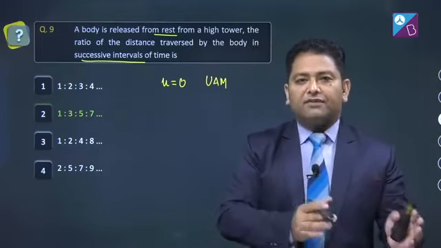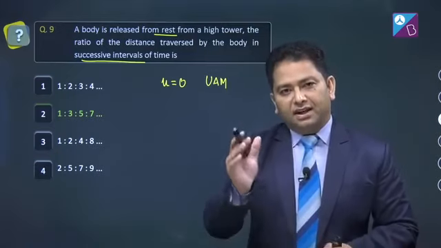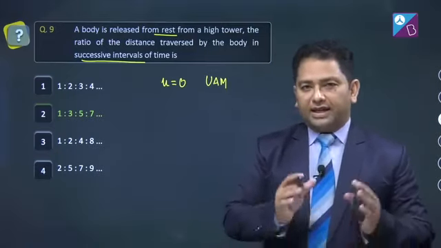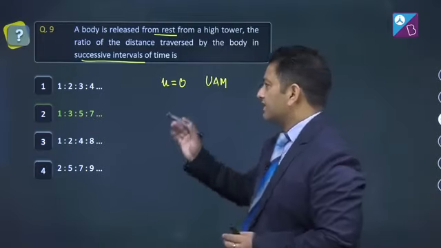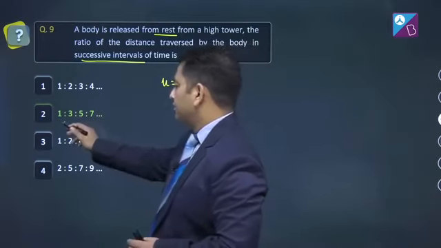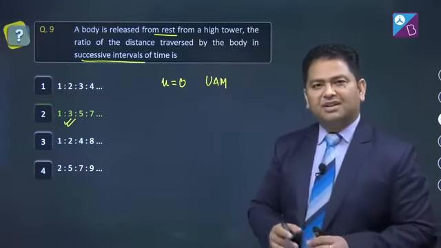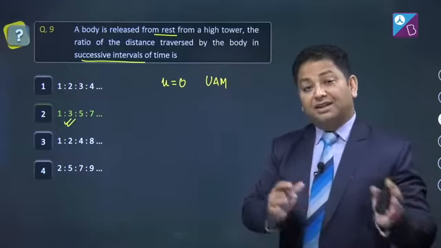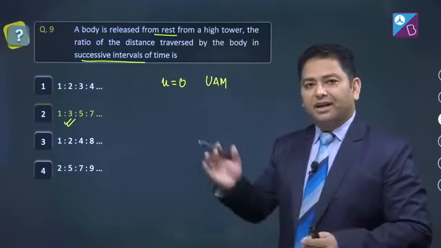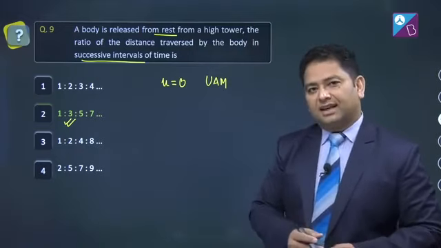Or in uniformly accelerated motion, if initial speed is 0, toh aisi condition mein the distance traveled in successive interval of time will have the ratio of 1:3:5:7. Straightforward fact-based question, yaani time management mein aise questions bahut madad karenge.